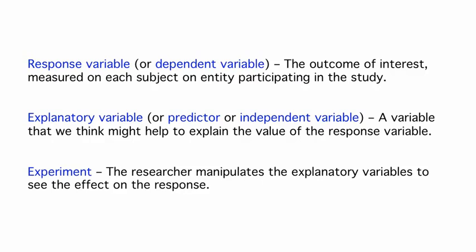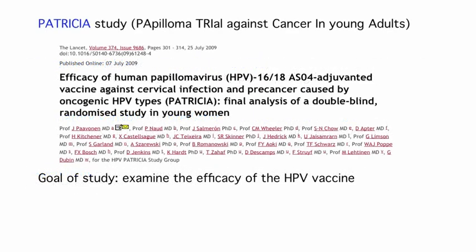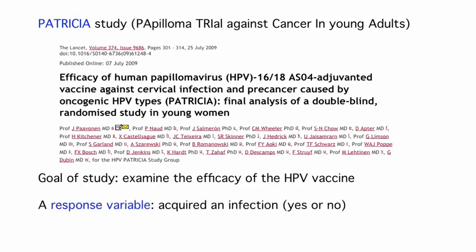An example of an experiment that we've already seen is the Patricia study to examine the efficacy of a vaccine at preventing infections with HPV. In the Patricia study, we were interested in whether or not the subject in the study acquired an infection, so that is our response variable. Response variables can be categorical or quantitative.